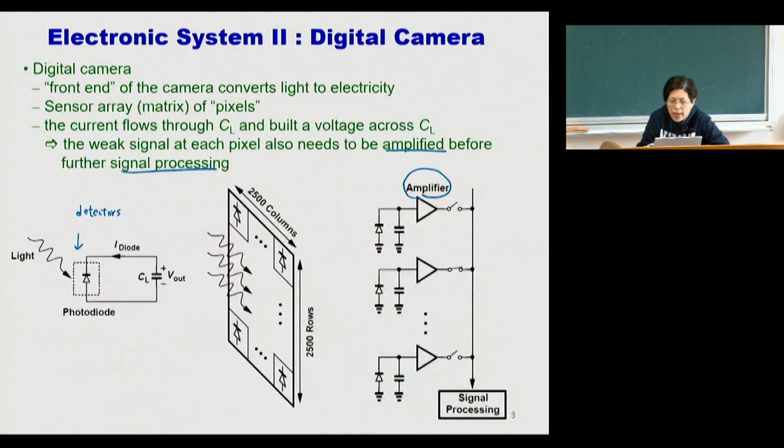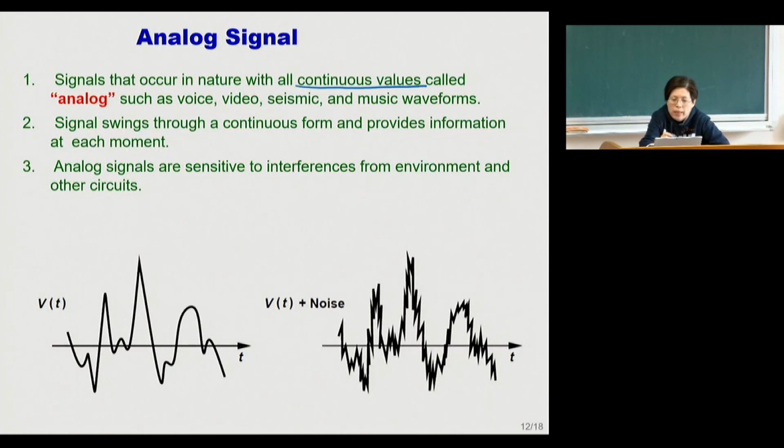Meaning that if I'm referring to a signal V output, it's continuous in time, and it can be at any value. That's called a continuous signal. So this V(t) is continuous and it changes with time.